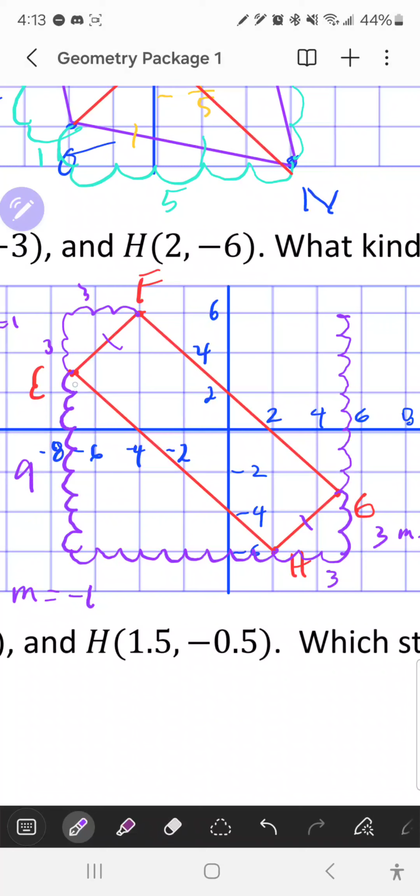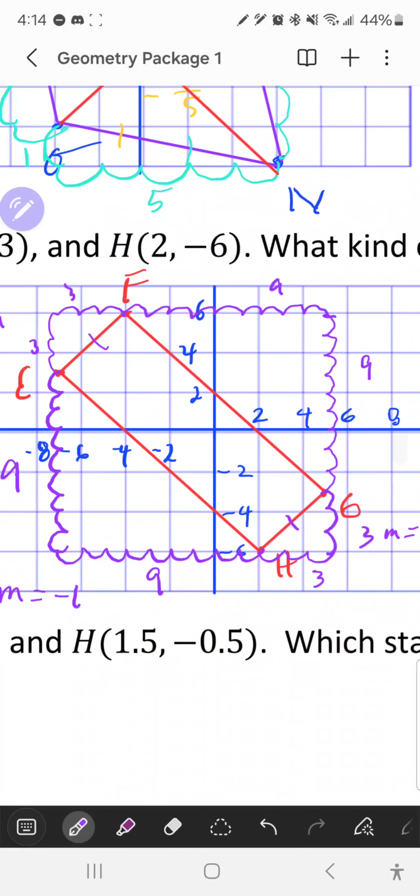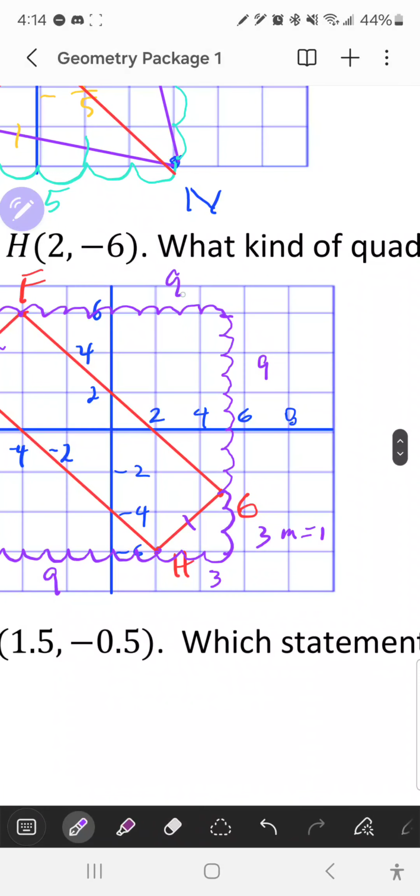So 1, 2, 3, 4, 5, 6, 7, 8, 9. I don't know where the 10 came from. So this is 9. And then here is 1, 2, 3, 4, 5, 6, 7, 8, and 9 as well. So the slope is going to be 9 over 9, which is 1. And since it's going down, it's going to be negative 1.